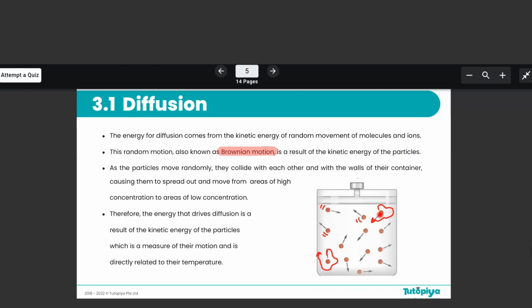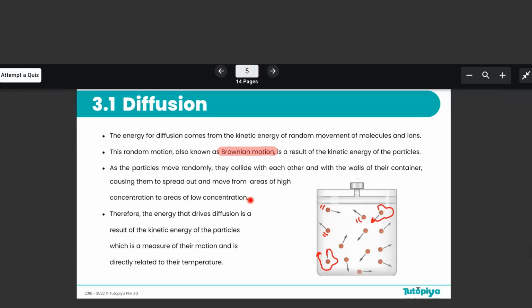So all these particles contain kinetic energy, and that kinetic energy is what drives their random motion. So as the particles move randomly, they collide with each other and with the walls of their container, causing them to spread out and move from areas of high concentration to areas of low concentration.